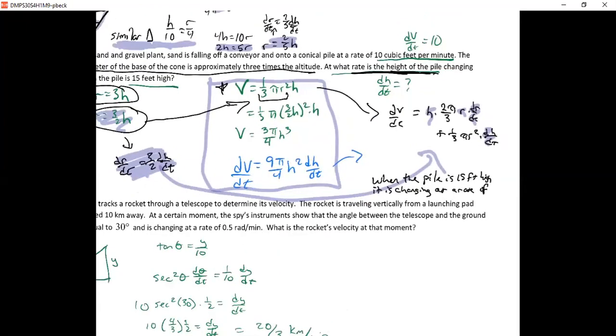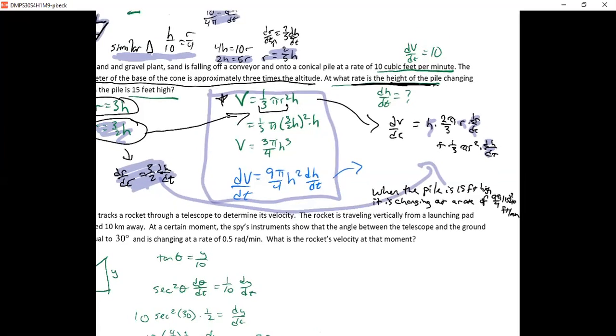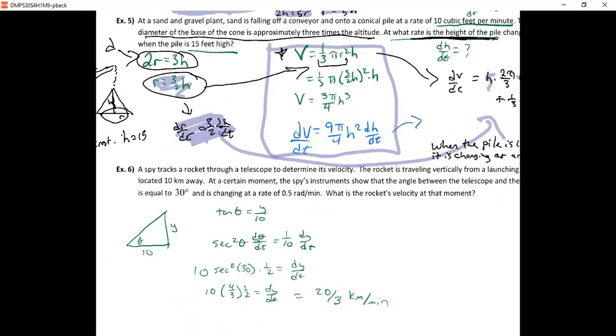I think I might have erased it. At a rate of 9 pi over 4, then our height is 15 squared, and dh/dt, where is that piece of information? 10 cubic feet per minute, so times 10. And that ends up just being feet per minute. I apologize for the shortness of that, but anyway, moving on.